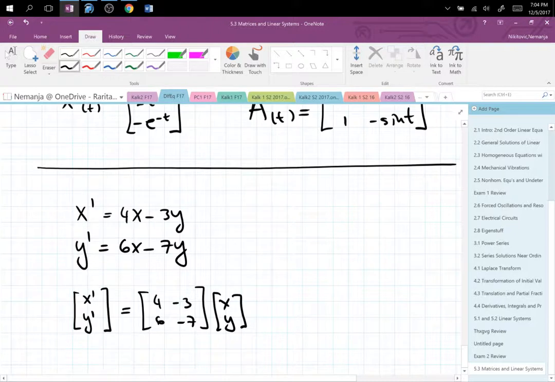Now, I did have this previously, but I didn't talk about it, right? So now we are experiencing the form written in blood, dx. I'll put the vector notation because that's a column vector. So dx/dt is equal to matrix P times the column vector x.